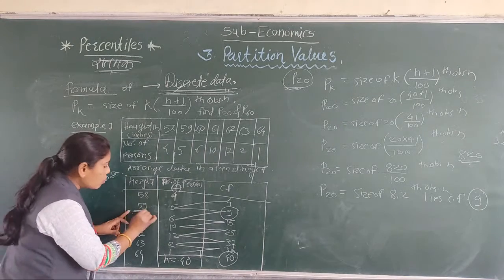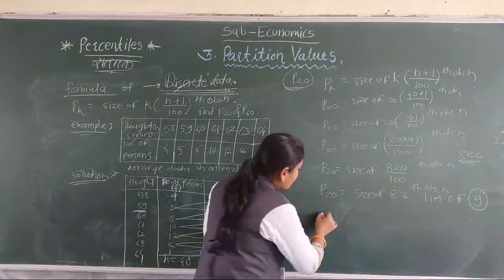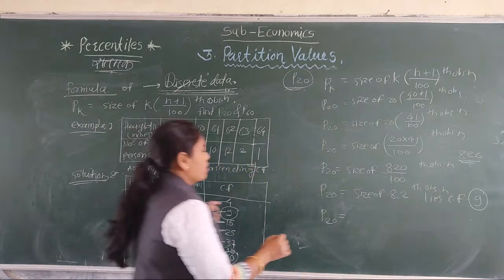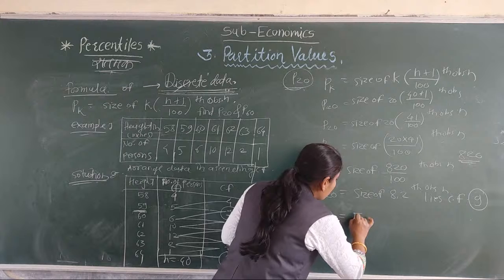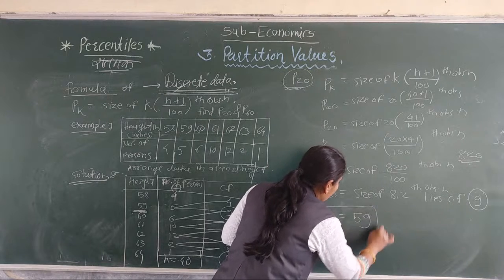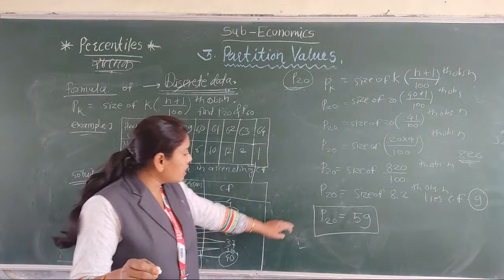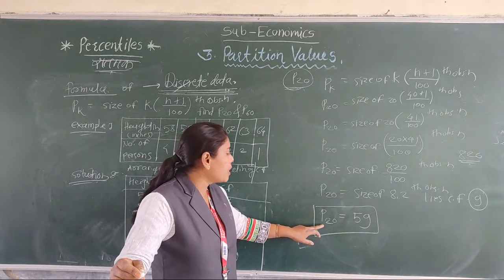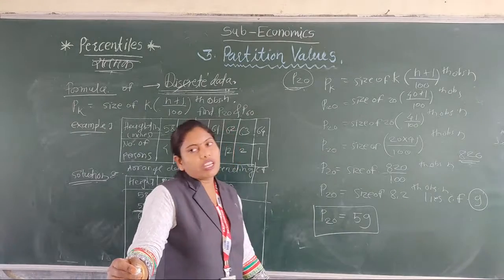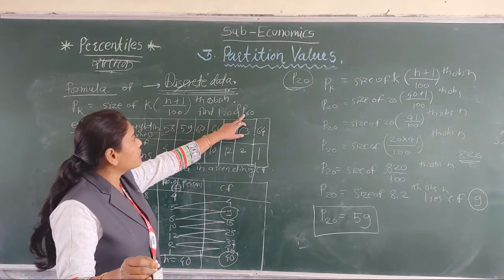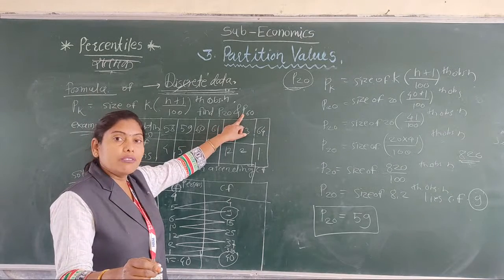So here P20 is equal to 59. We get the final answer of P20 is equal to 59. Calculate the P60 in the same way. It is your homework.